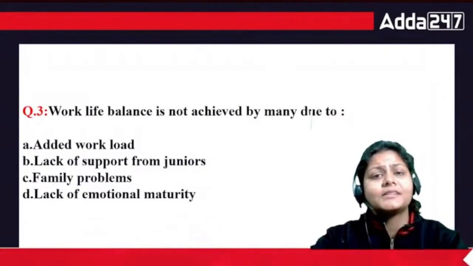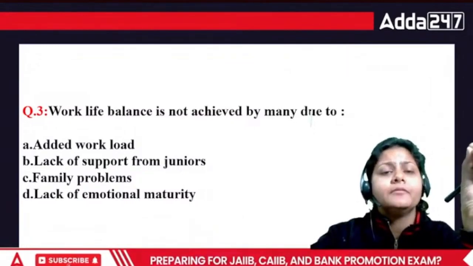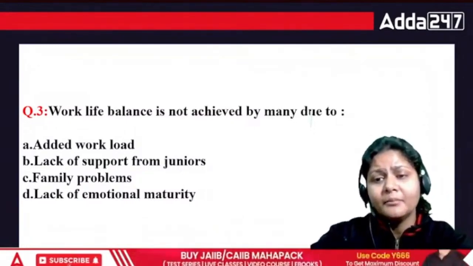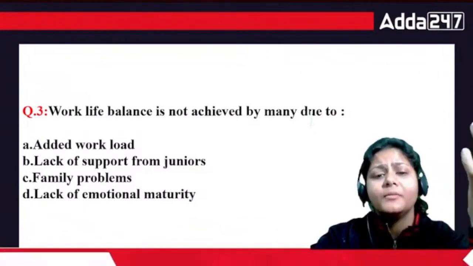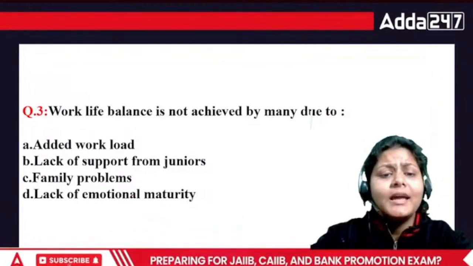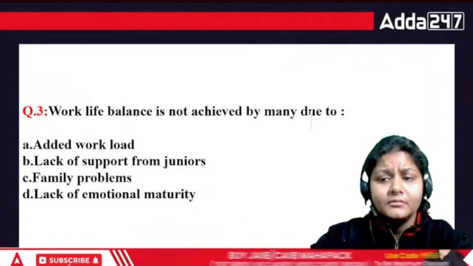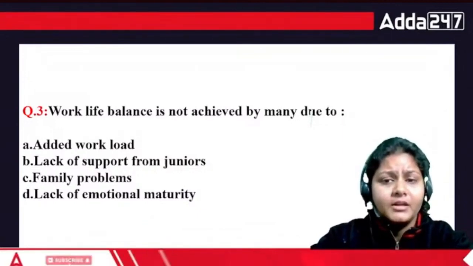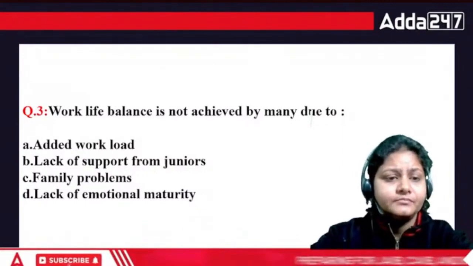These types of behavioral questions are very important from an exam point of view. When we are talking about the HR elective also, there can be case studies related to workplace behavior.